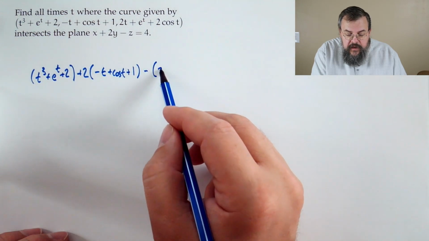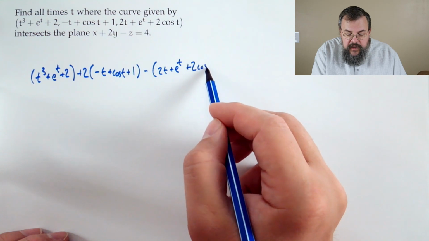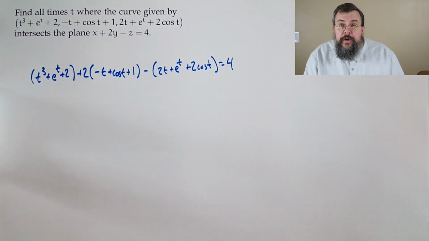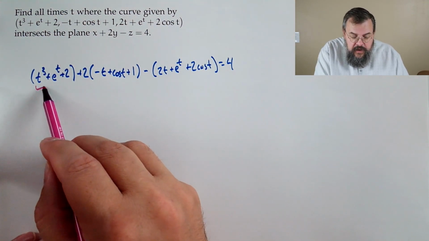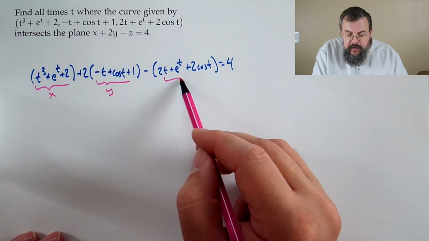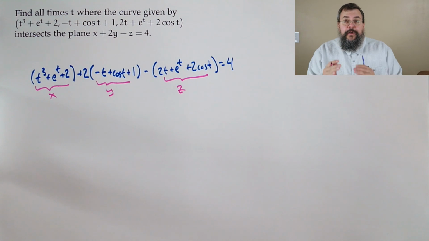And z, 2t plus e to the t plus 2 cosine t equals 4. And what have we done here? Well, if you look, there's our x plus 2y minus z equals 4. So we've slotted each one in.